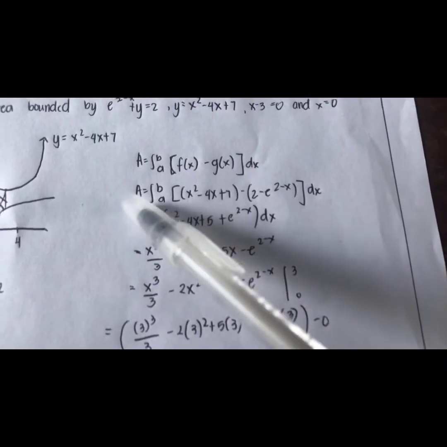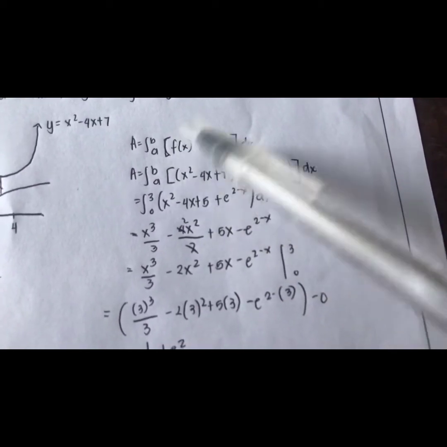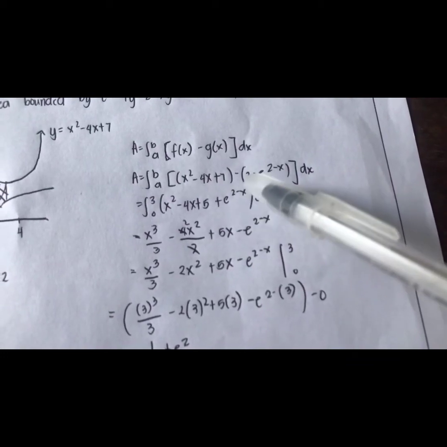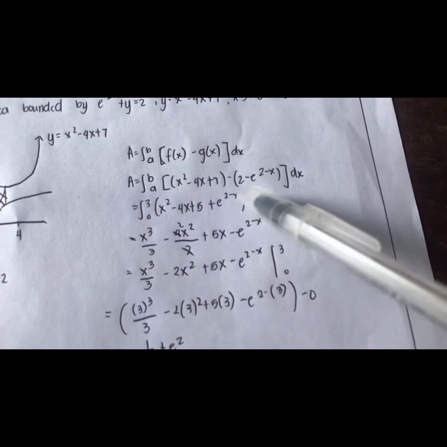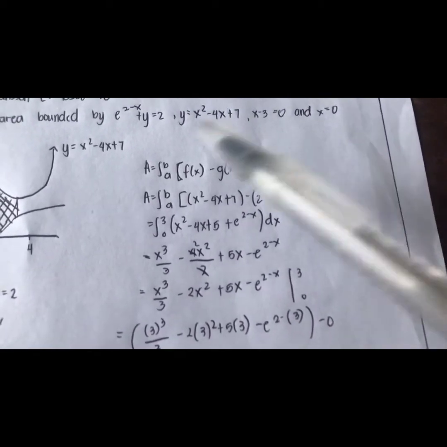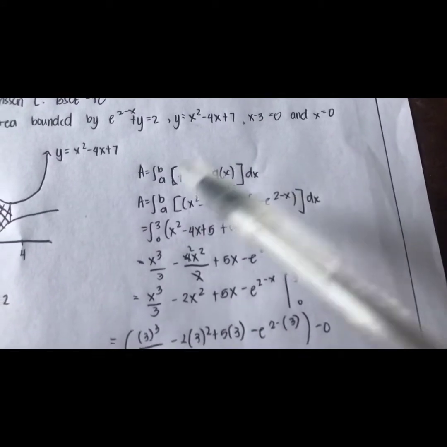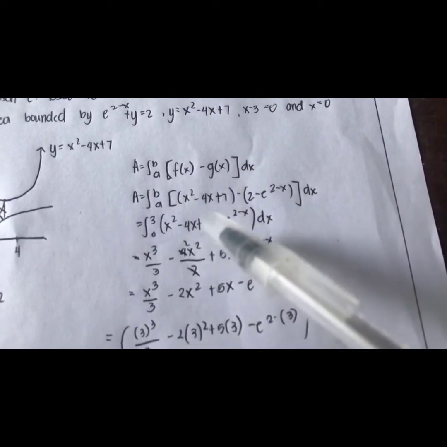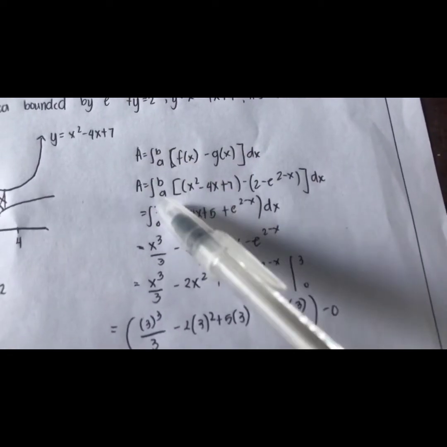We will have a is equal to the integral of the quantity of x squared minus 4x plus 7 minus 2 minus e raised to 2 minus x dx from a to b. Now, if we're going to simplify this one, we will have the integral of x squared minus 4x plus 5 plus e raised to 2 minus x dx from 0 to 3.